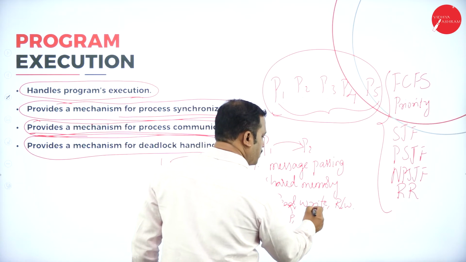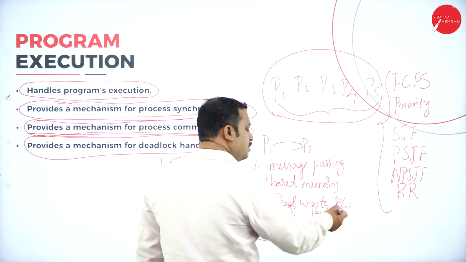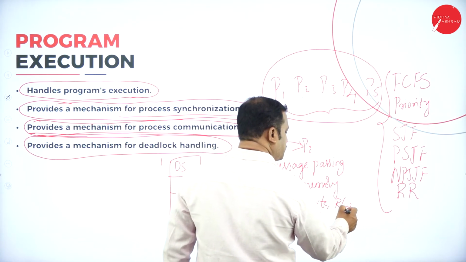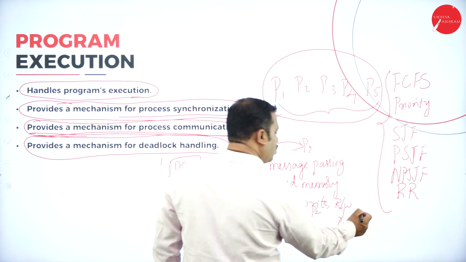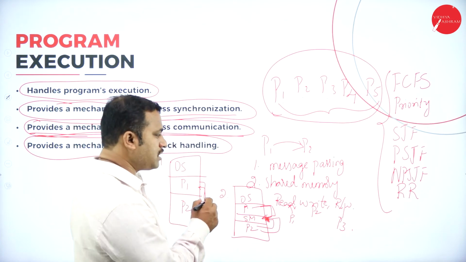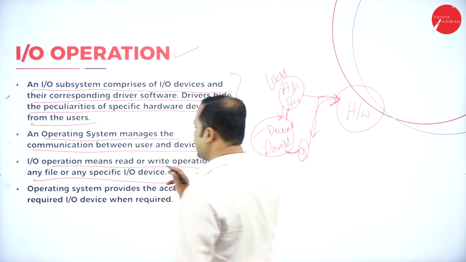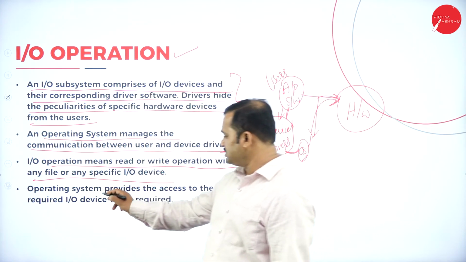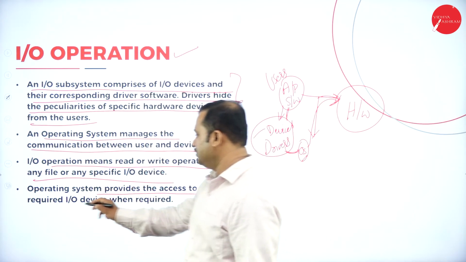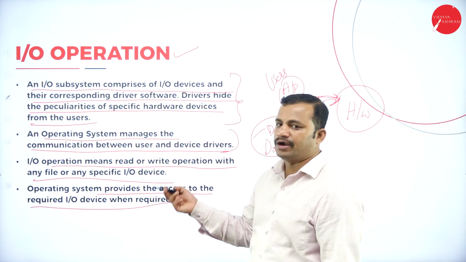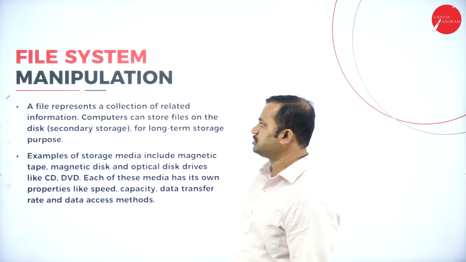A few are permitted to perform write operation. A few are permitted to perform both read and write operation. So we must have enabled the processes to perform read and write operations. The operating system provides access to the required I/O devices when required. When it is required, it performs the operations.